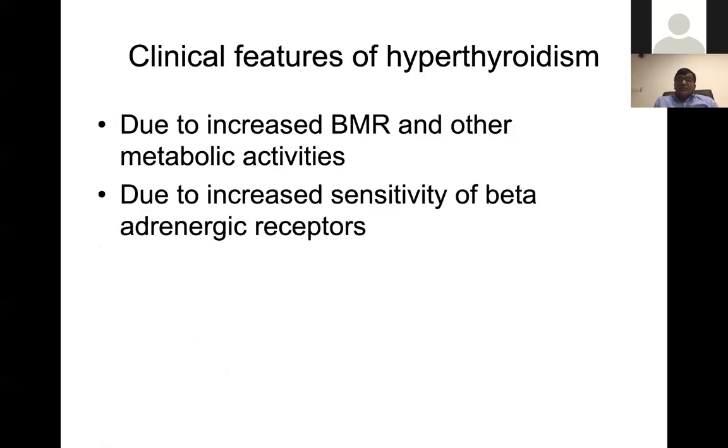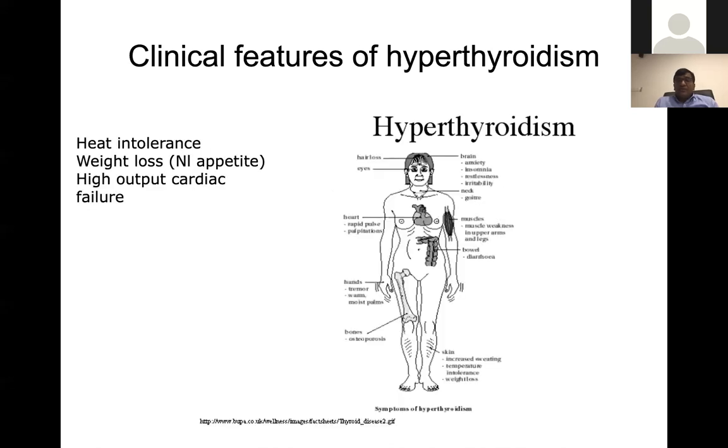The clinical features are due to the excess thyroxine, which increases our basal metabolic rate and other metabolic activities, as well as the increased sensitivity of the beta adrenergic receptors due to the permissive action of thyroxine. If you know these two, you can easily work out the clinical features.